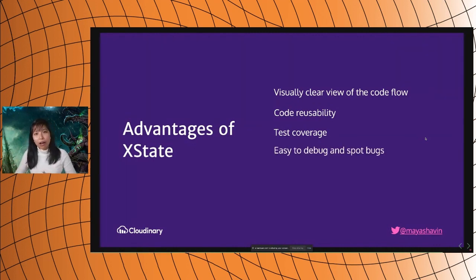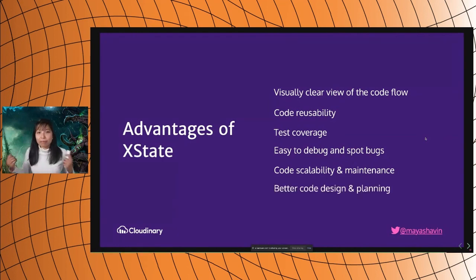The tests are very concise and of high quality. It's easy to debug and spot bugs, like I said before. And like you also saw, the component becomes very narrow in scale, down to only the basic logic, and wherever the logic is the same, it will be united, so it's easy to scale and easy to maintain.